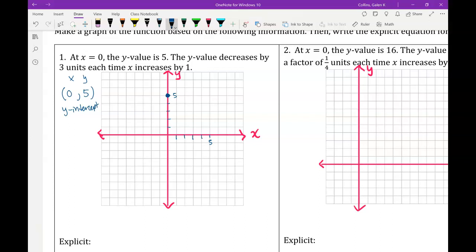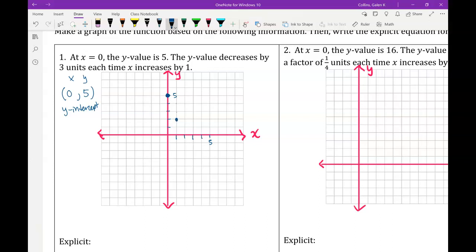So then I'm told the y value decreases by 3 units each time x increases by 1. So as I move over from where x equals 0 on the y-axis to where x is equal to 1, my y value is going to decrease by 1, 2, 3 units.